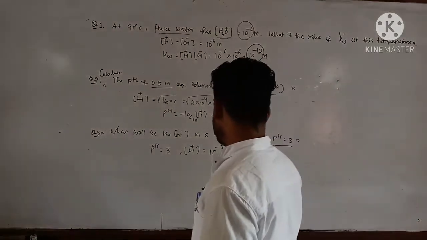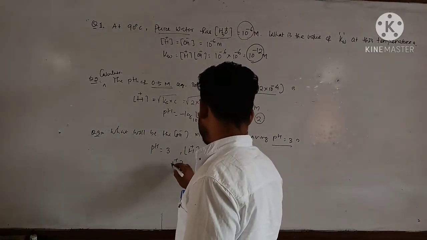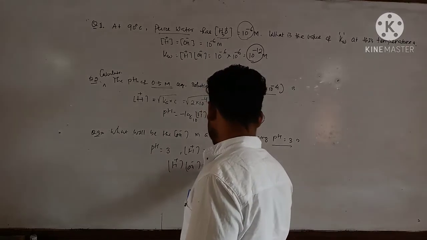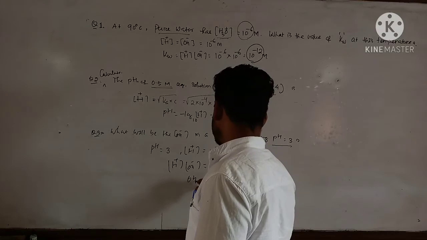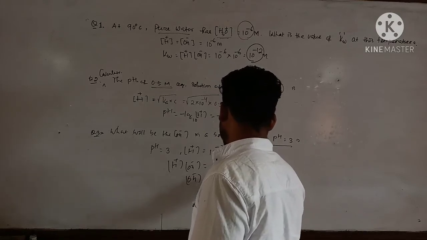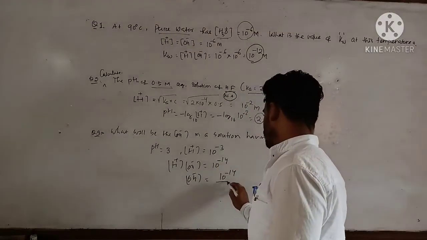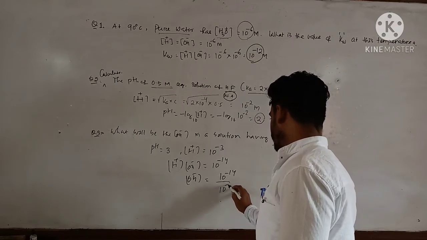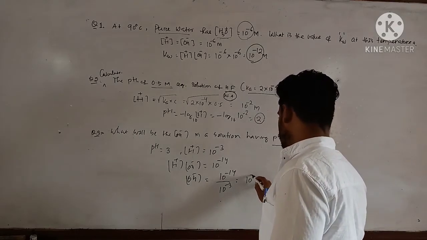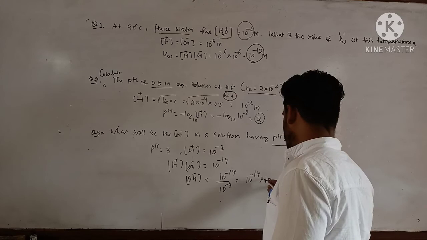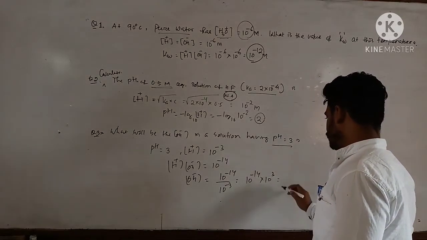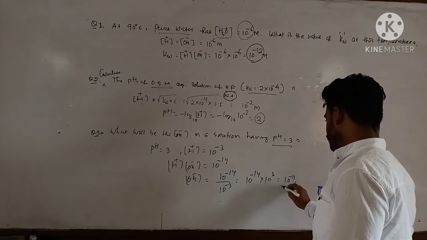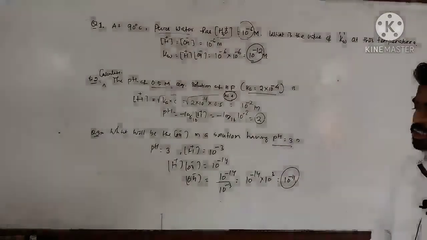And you know H plus times OH minus is 10 to the power minus 14. So OH minus ion concentration becomes 10 to the power minus 14 upon 10 to the power minus 3, which is 10 to the power minus 14 into 10 to the power 3. So that will be equal to 10 to the power minus 11. That will be the concentration of OH minus ion.